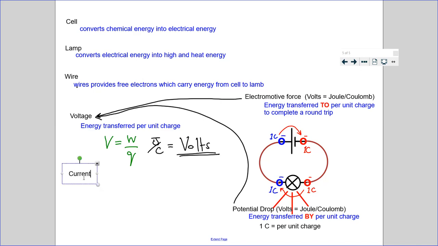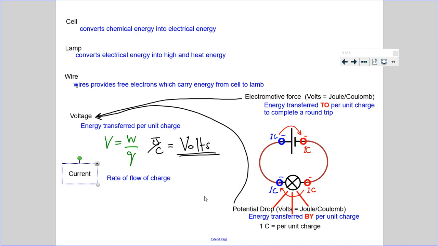Got it? So we call it the rate of flow of charge. And what it means? Amount of charge flow in 1 second. Rate of flow of charge, not just flow of charge, because if you measure the flow of charge, the answer is in coulomb, and the quantity you measure in coulomb is the charge, not the current. Current is not measured in coulomb.